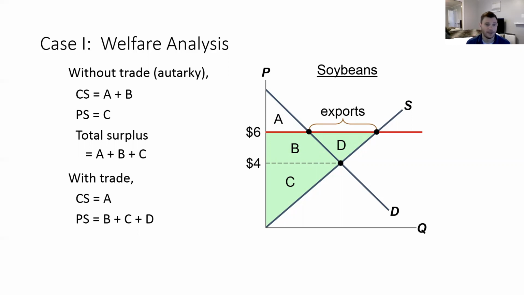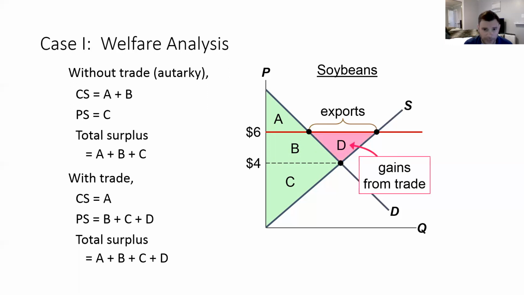They added B, which they captured from the consumers, and they've also added D, which was a chunk of surplus previously not acquired by anybody. So the total surplus in this situation has increased to A, B, C, D, and we can specifically see here that the added value from the additional gains from trading in the international community is shown by this gain in surplus measured by triangle D.